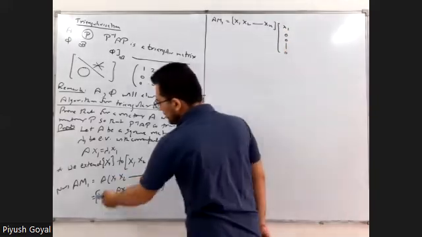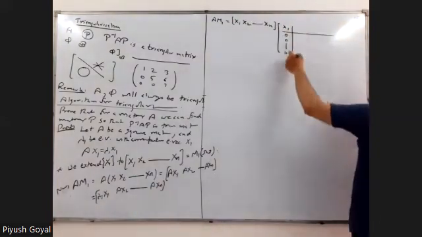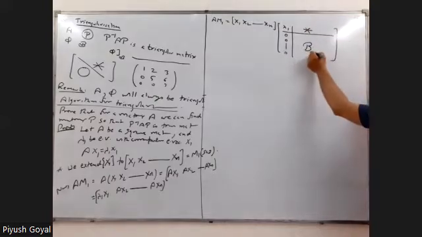The first column will become 0, and something will be here, doesn't matter, and then B. So this is an n minus 1 cross n minus 1 matrix.